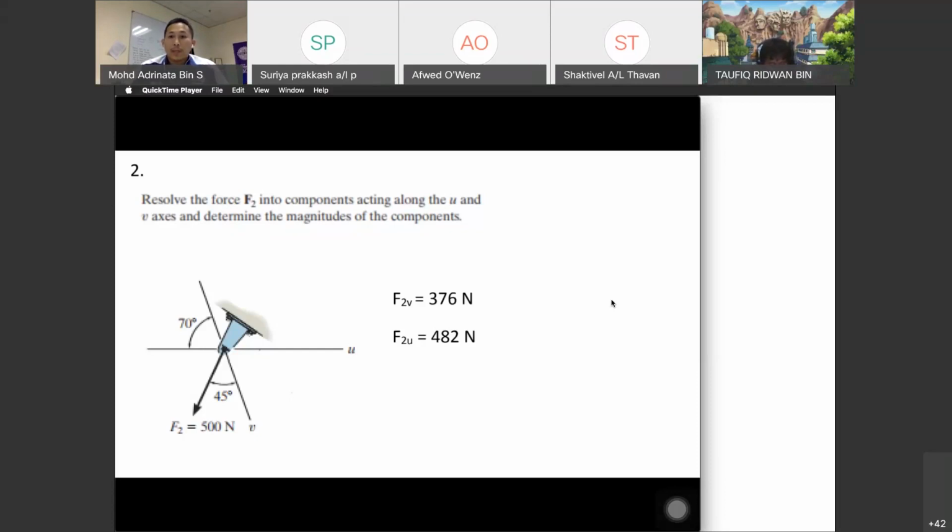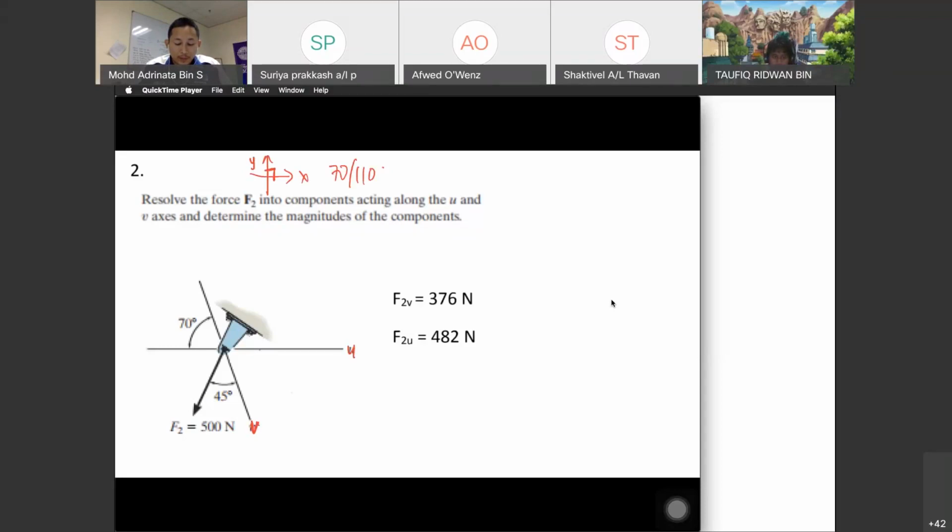Okay, so question number 2. Okay guys, 11 o'clock, question number 2. Resolve the force F2 into components acting along the U and V axis. So we have U and V axis, but it is not as X and Y. X and Y is 90 degrees, but U and V is 110.